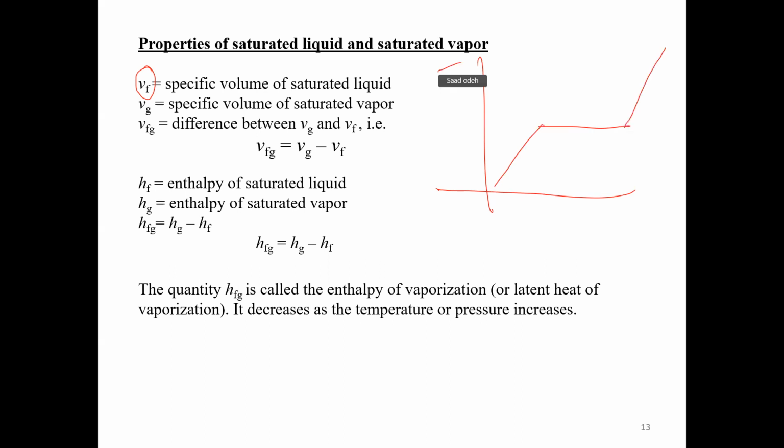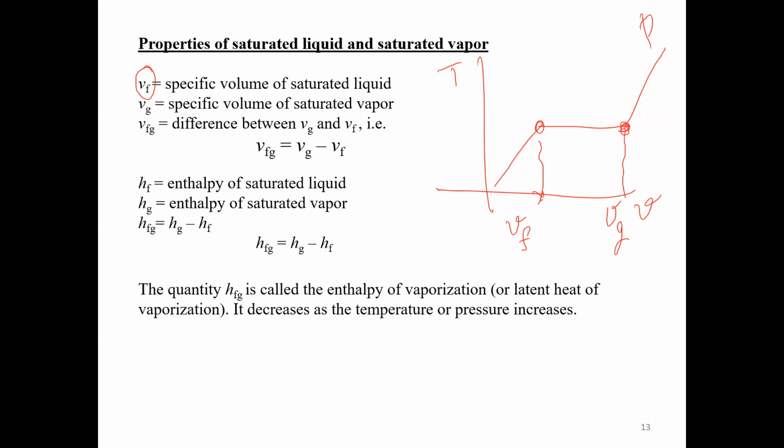This is the constant pressure graph, and we said that we have these two points. This one represents Vf, the saturated liquid specific volume. And this one, at the end of vaporization, we call Vg, the saturated vapor. So Vg is the specific volume of saturated vapor.